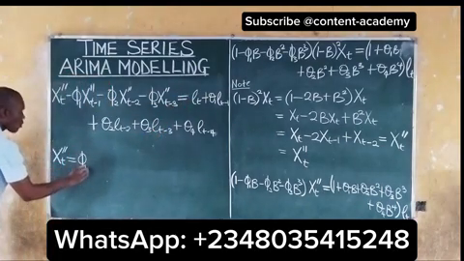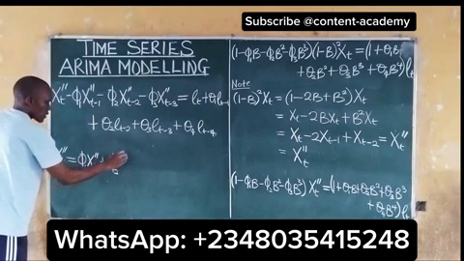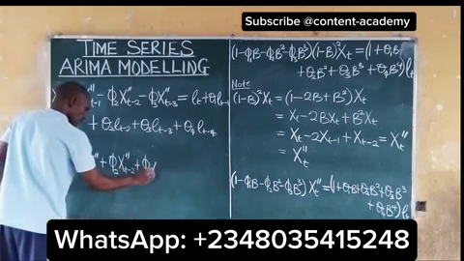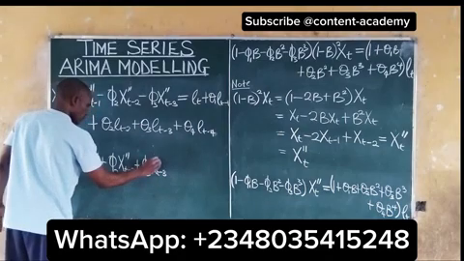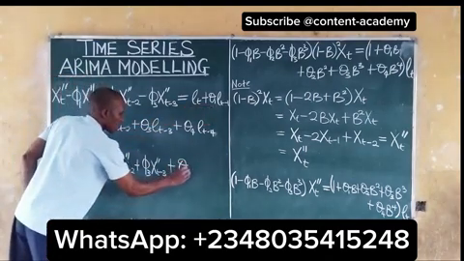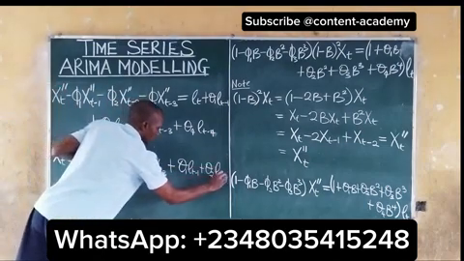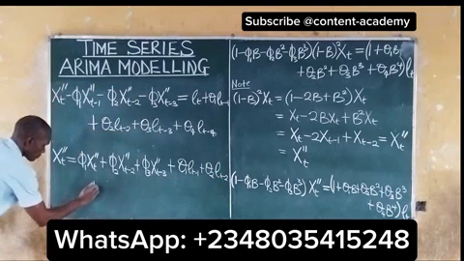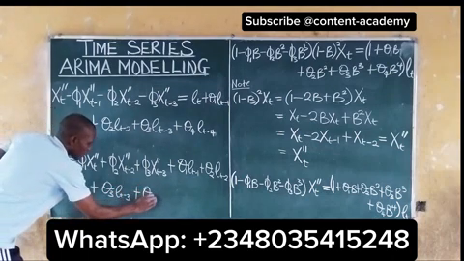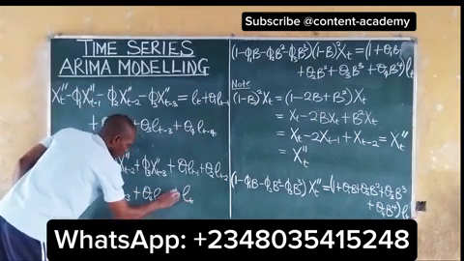So it will be phi 1 Xt minus 1 double prime plus phi 2 Xt minus 2 double prime plus phi 3 Xt minus 3 double prime plus theta 1 et minus 1 plus theta 2 et minus 2 plus theta 3 et minus 3 plus theta 4 et minus 4 plus et, our error term or the white noise.